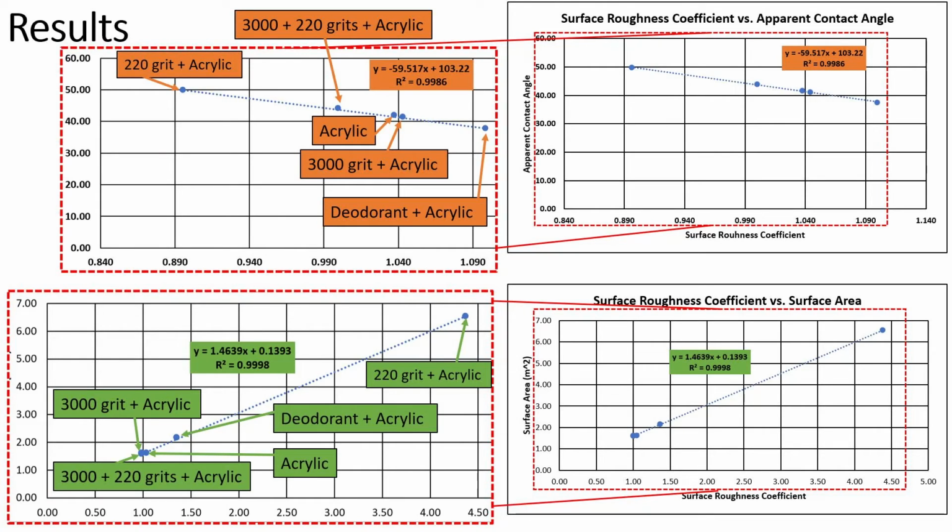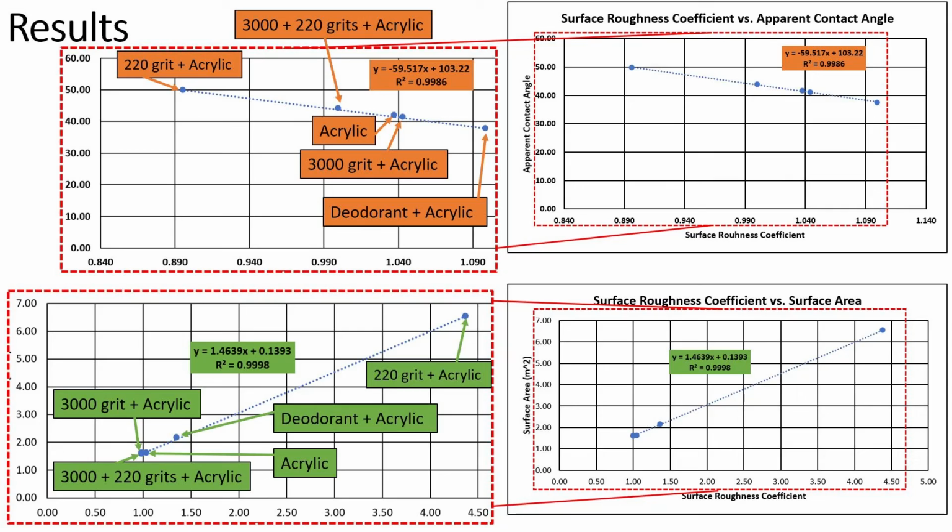And as you can see, my data lines up pretty nicely just looking at my r squared value. Going from left to right, I had the 220 grit towards the lower surface roughness coefficients, and then going to the farthest right on the top graph, I have my deodorants and acrylic material having higher surface roughness coefficients.